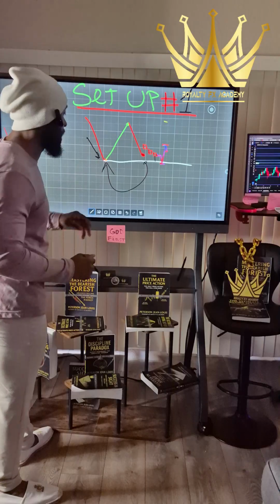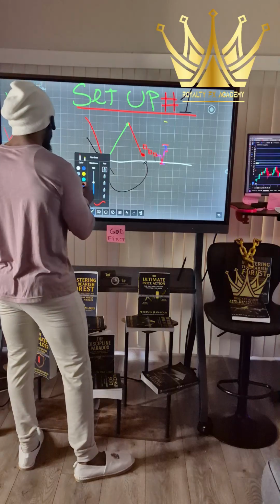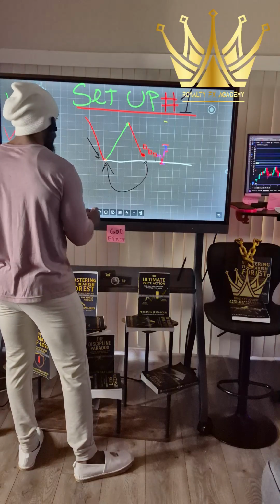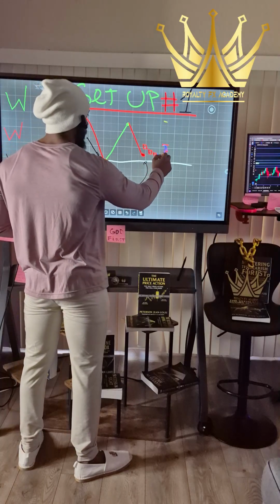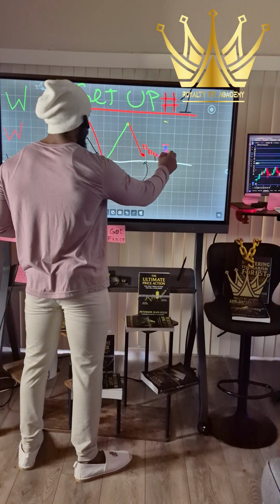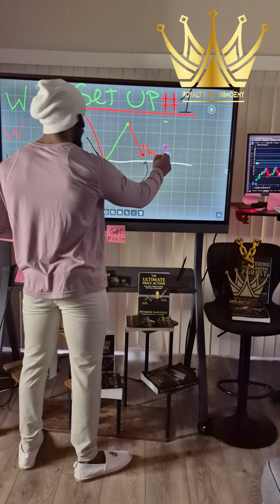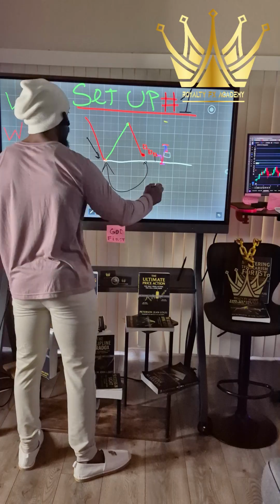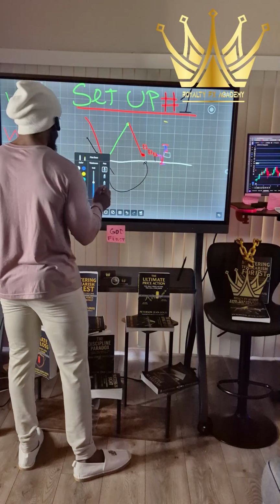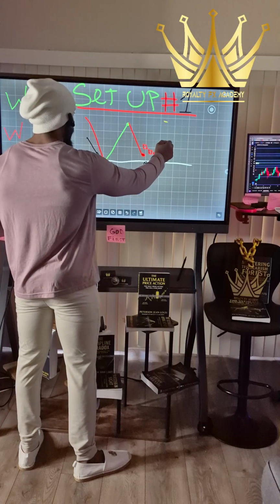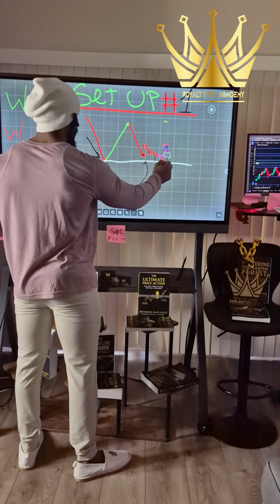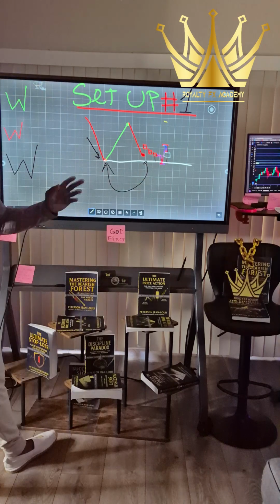If I create a body for this candle, it would look something like this, from here to here, and like so. You see that? And the wick will be this. That'll be the wick, and that will be the wick. See that? So just so you guys understand that.